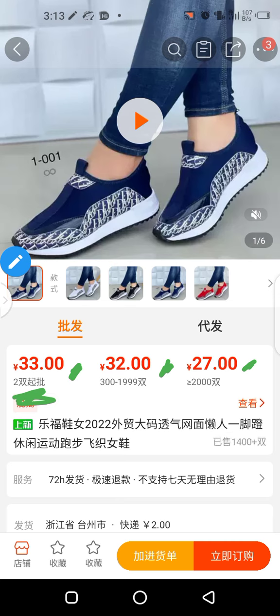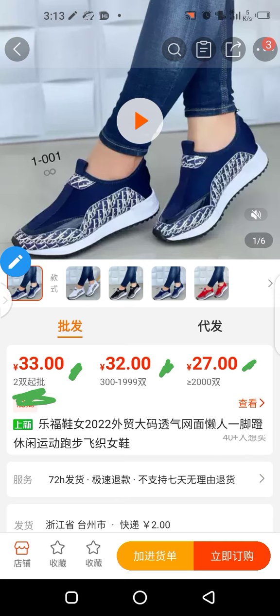If you are interested in one, this supplier will not be ready to do business with you, so no need to be chatting with that person. But if you want 2 or more, you can start business with that person. So this supplier is telling us that if you buy two pieces, the supplier will give it to you at 33 yen.